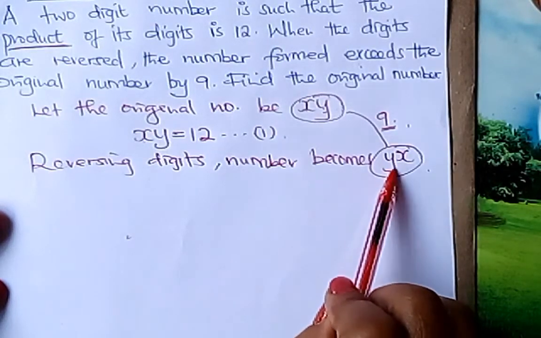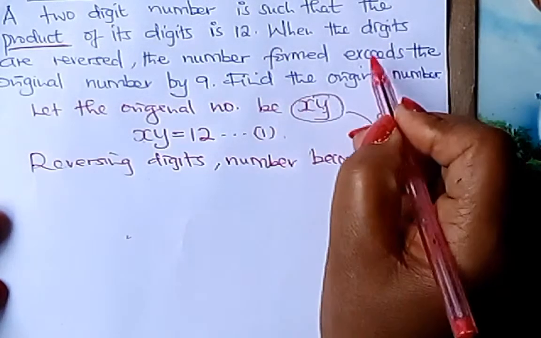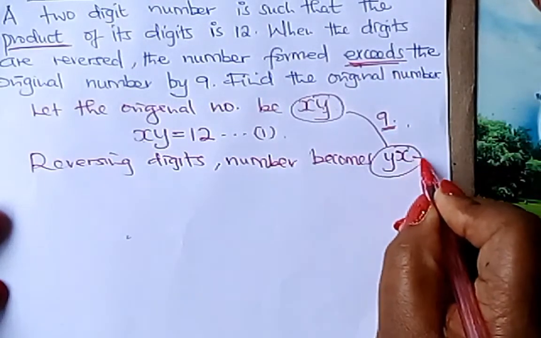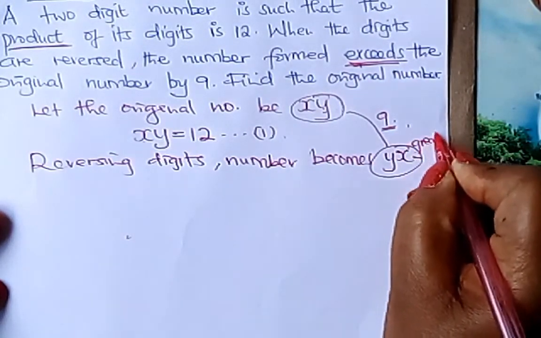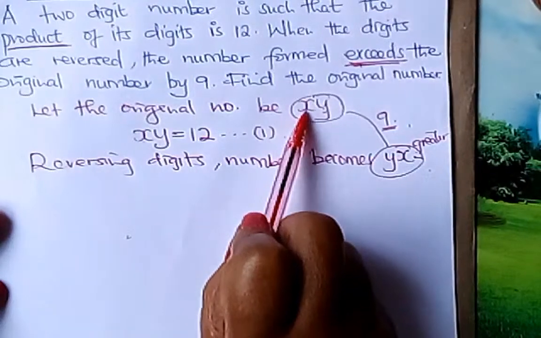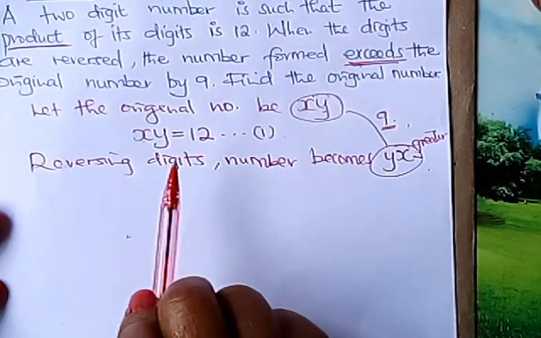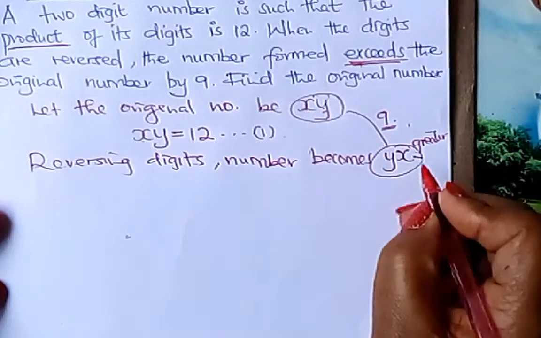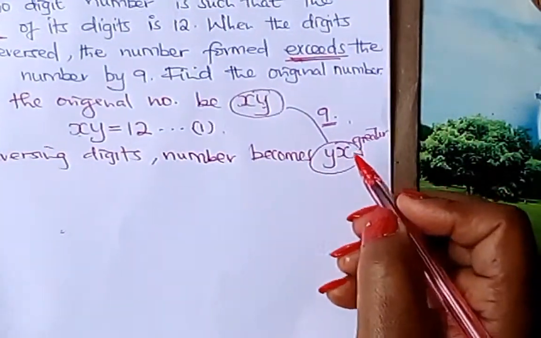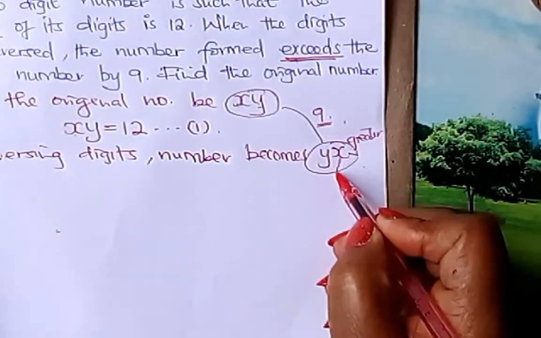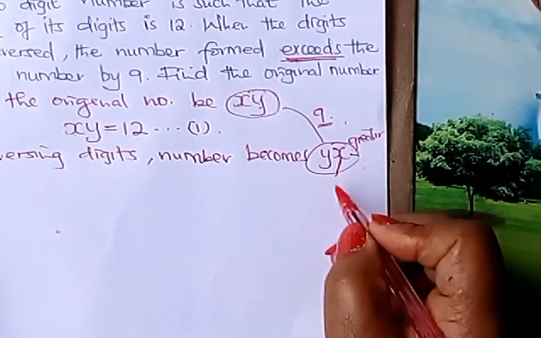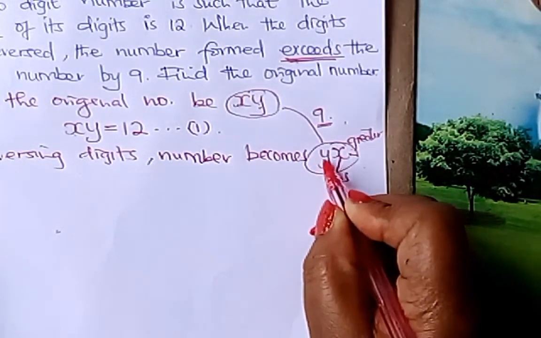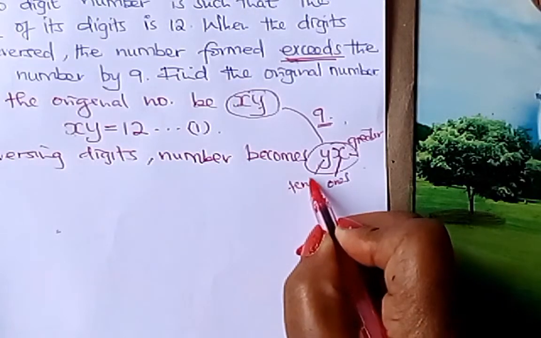The number formed exceeds, or is greater than, the original number by 9. So how do we form this equation to show the difference? You go to the total value of each number. In this one, x is in the ones digit and y is in the tens digit.